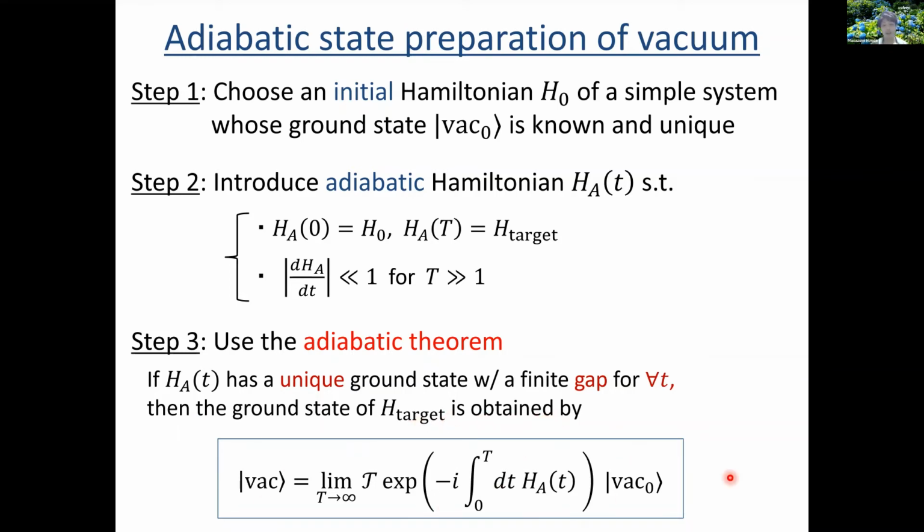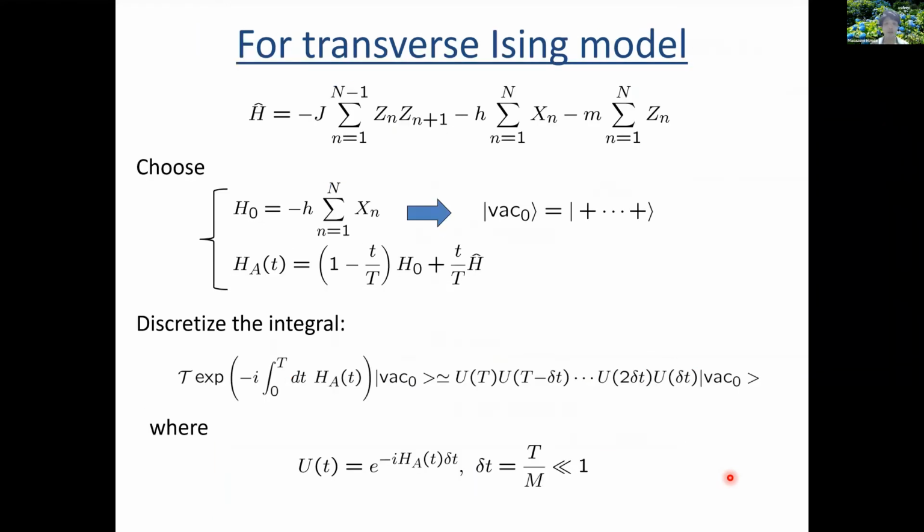All right, let us apply this algorithm to the transverse Ising model. Here is the Hamiltonian of the Ising model with a longitudinal magnetic field. Here, we choose the initial Hamiltonian to be this one. We have only the transverse magnetic field.